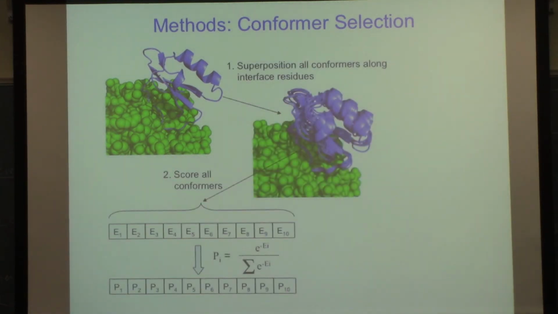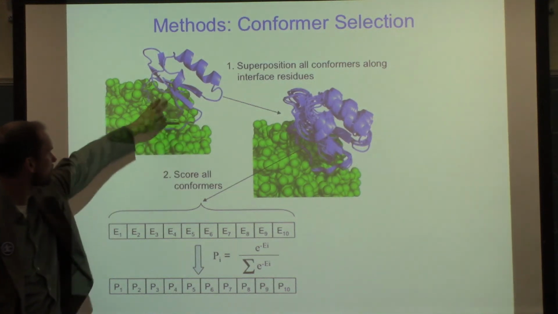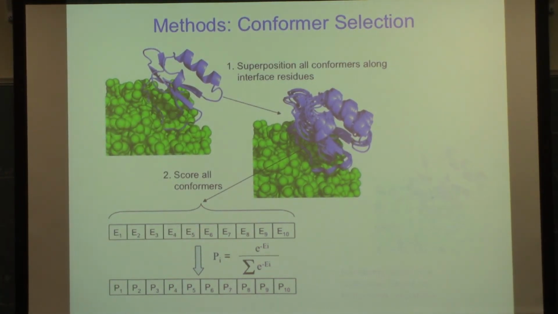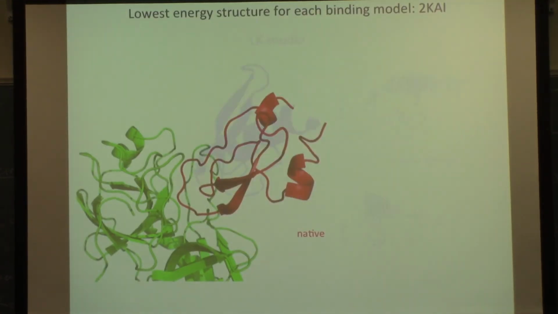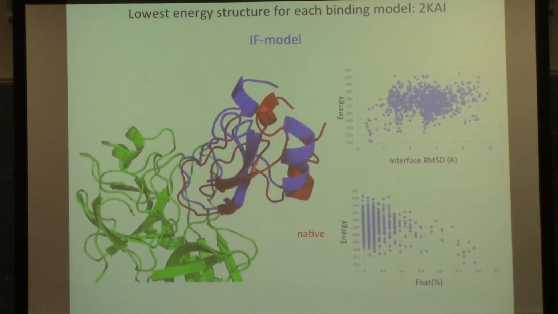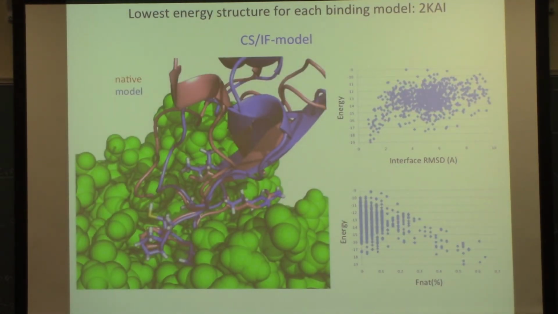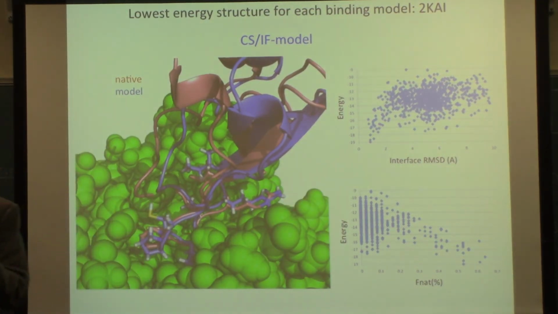Okay, then in the conformer selection, we put all of the proteins on top of the current configuration, make a quick partition function, and pick a particular backbone to move ahead in the search. And here's some detailed results. Basically what happens is we see better funnels, we get better sampling when we do the conformer selection, because we're getting a broader range of backbones.